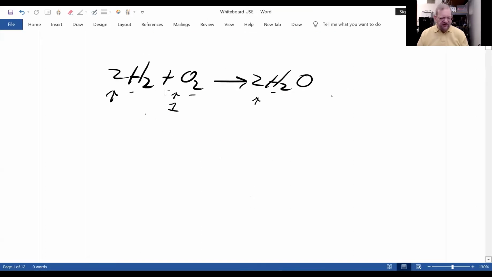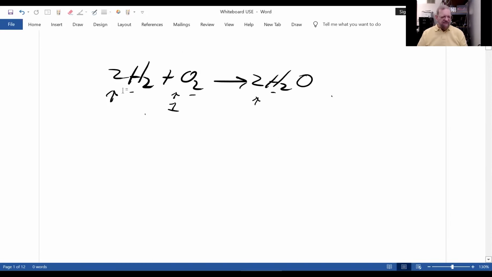The coefficients in a balanced chemical equation give you molar relationships between the reactants and products. What does that mean? First of all, in this balanced chemical equation, and it has to be balanced, I now know 2 moles of hydrogen react with 1 mole of oxygen to make 2 moles of water.